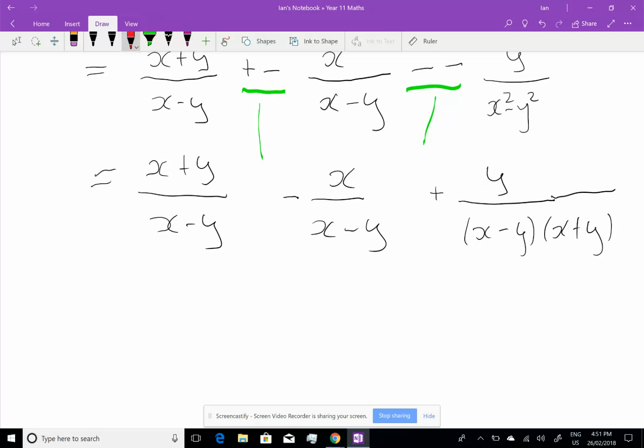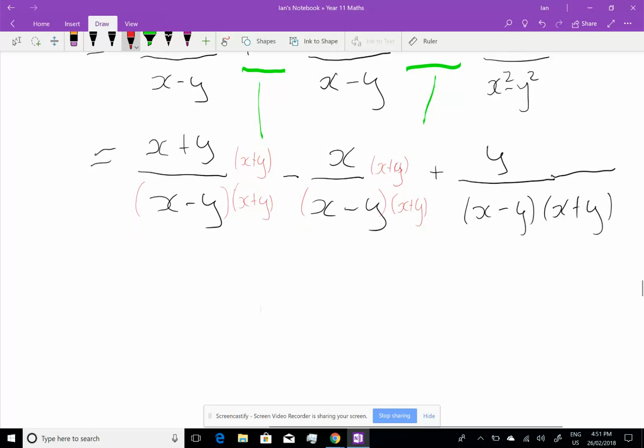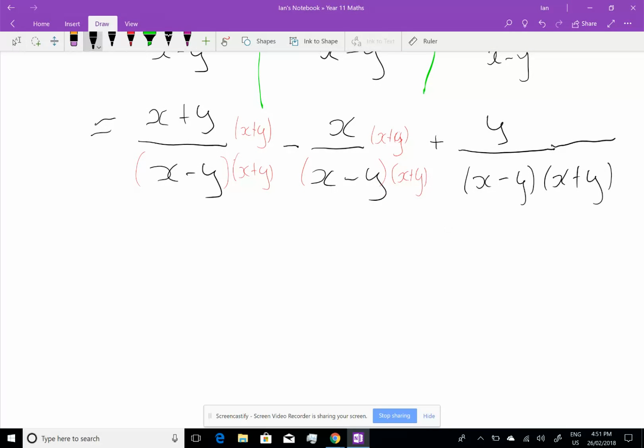Because what I'm going to do, I'm going to multiply this bottom bit by x plus y and x plus y to get a common denominator. I'm going to do the same here, x plus y and x plus y to get a common denominator. And there's my common denominator. Okay, so what do I get now?